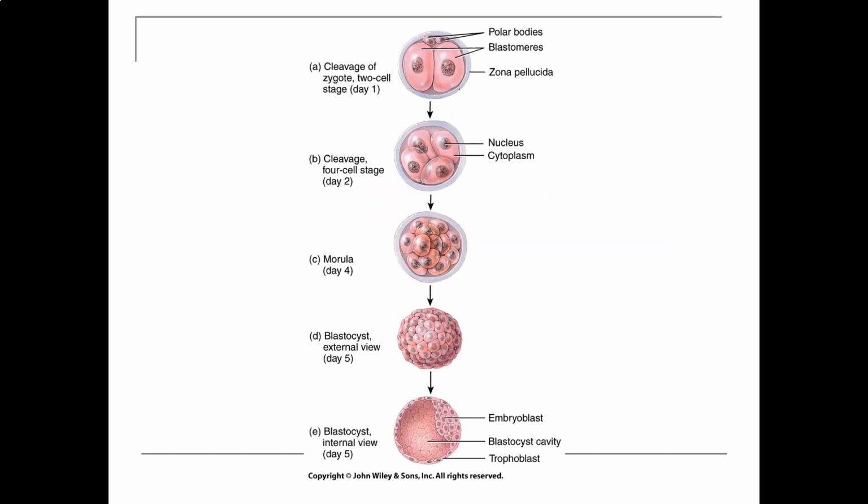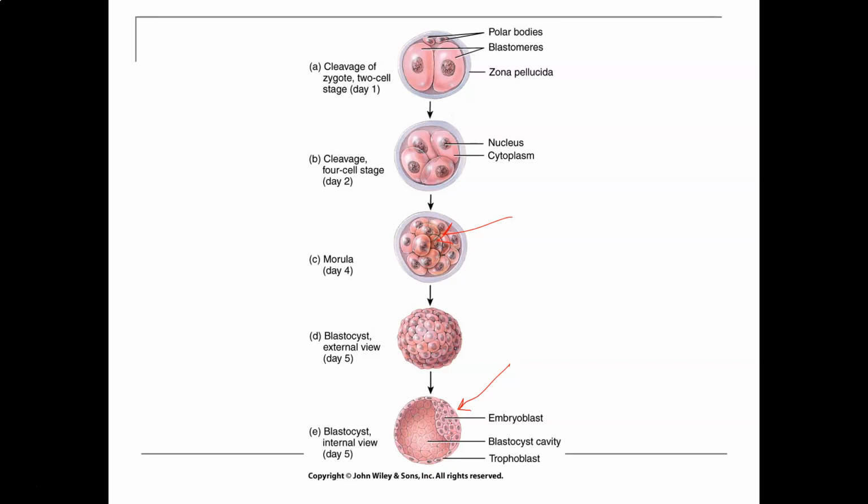Okay, this just shows the cleavage stage, and I wanted to show you the blastocyst down here at the bottom. So notice how during development, you start with pretty much a solid ball of cells. That's the morula, means little mulberry. But then notice in the blastocyst stage, there's a big cavity.